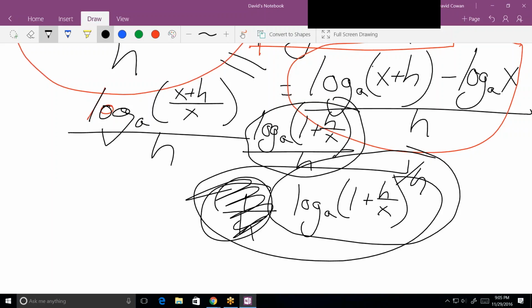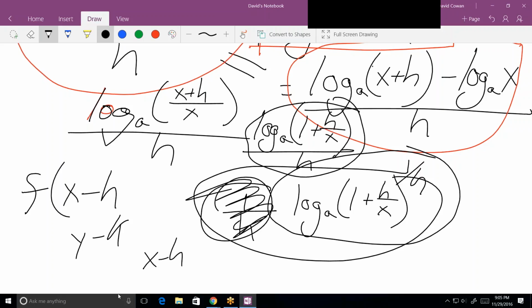Notice that up until now, everything's always been negative, right? Whenever you have an h involved with an x, it's x minus h, or y minus k, or x minus h squared if you're looking at vertex form for a quadratic. It's always x minus.